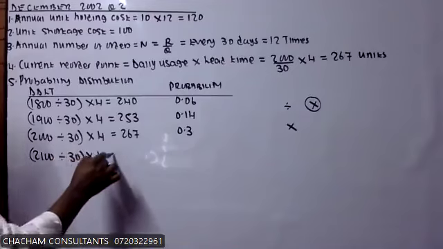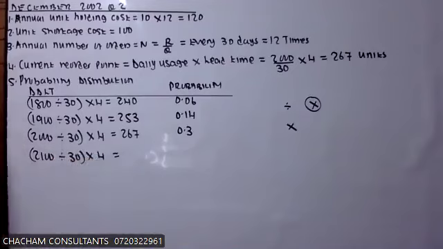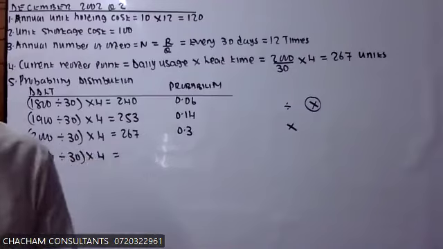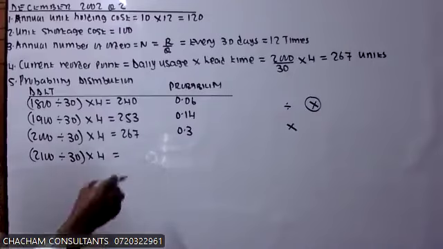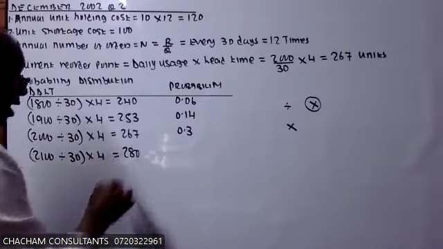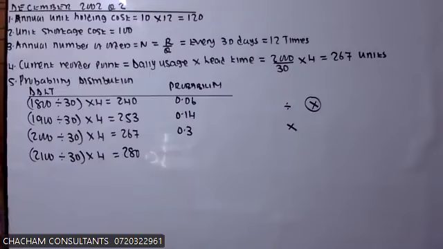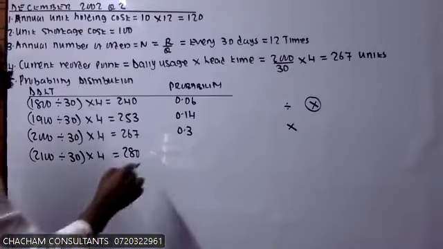Multiply by 4. That gives 280. And the probability of that happening is 0.16.